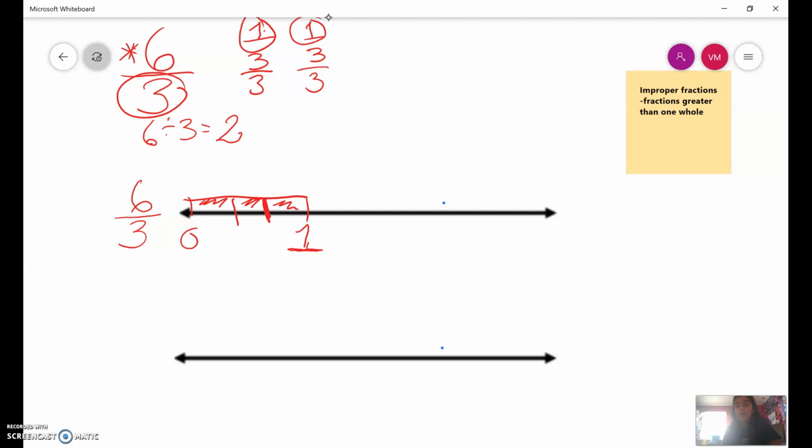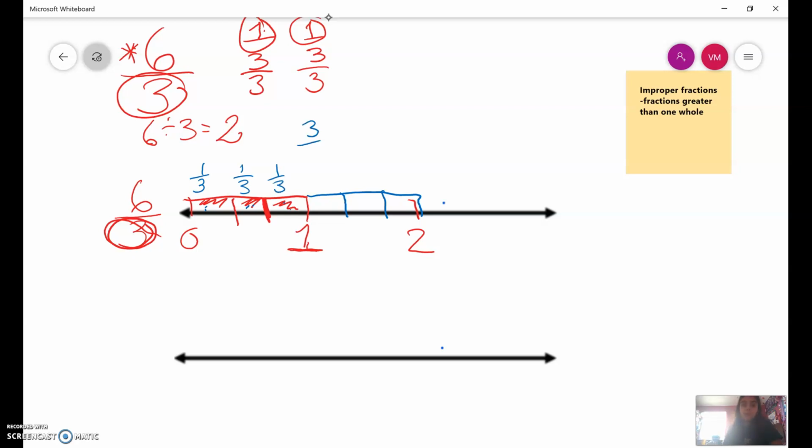So now I need to continue to the next whole number, which is 2. I still have to partition it in thirds. No matter what, I'm still partitioning that in thirds. So I'm going to partition this part of the segment into thirds again. But I already had 3 right here. So 1/3 plus 1/3 plus 1/3 equals 3/3.